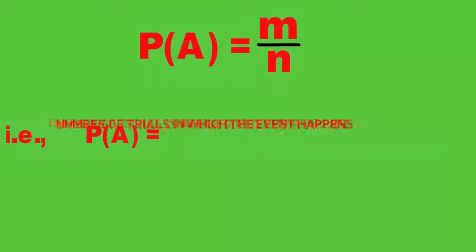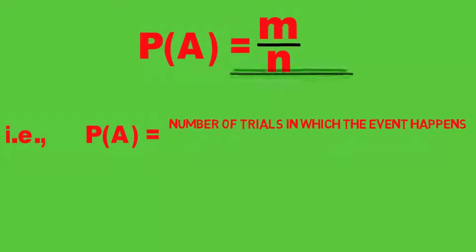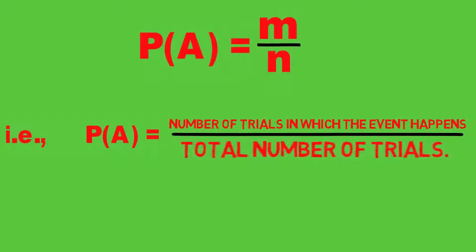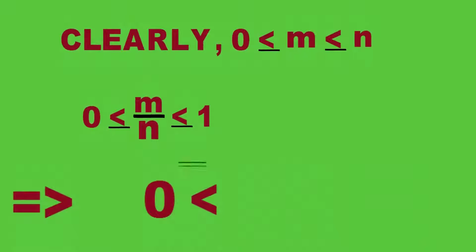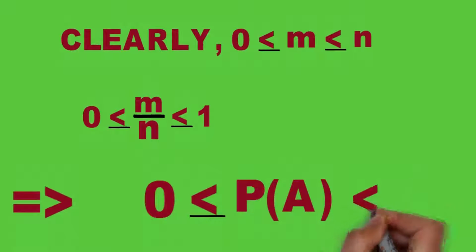That is, P(A) equals number of trials in which the event happens, upon total number of trials. Clearly, 0 is less than or equal to m, and m is less than or equal to n. Therefore, 0 is less than or equal to m upon n, and m upon n is less than or equal to 1. So, 0 is less than or equal to P(A), and P(A) is less than or equal to 1.